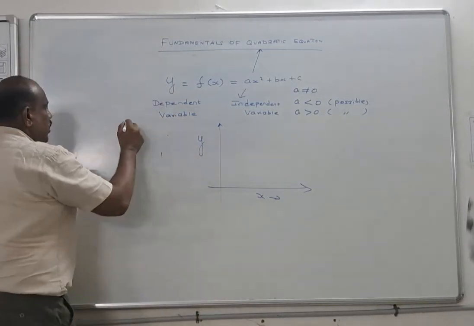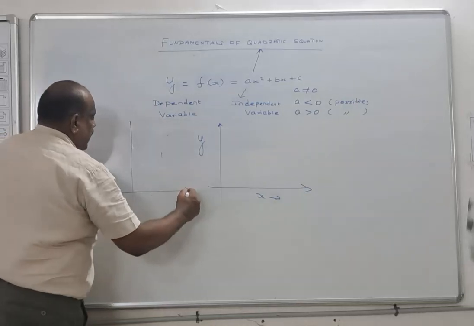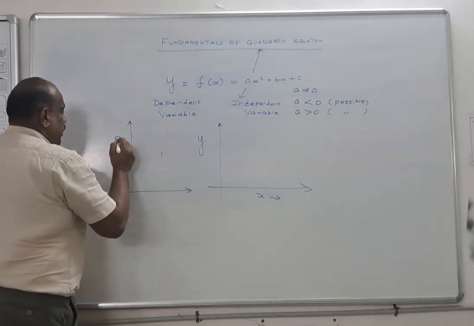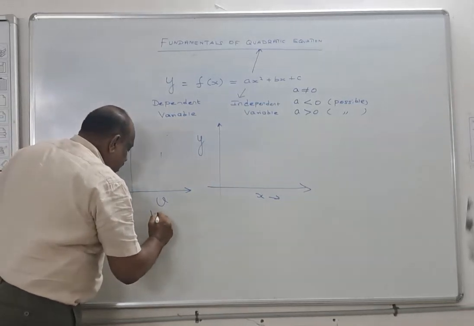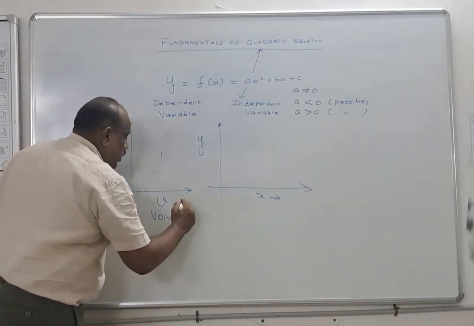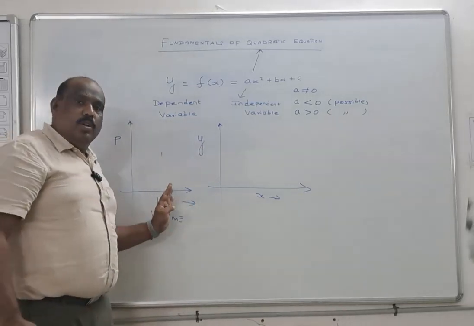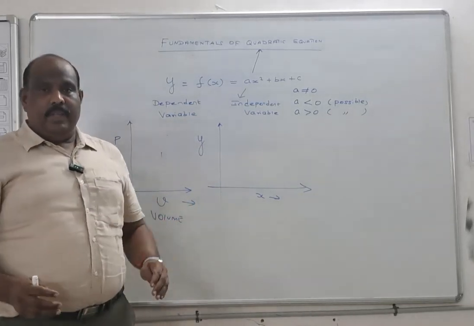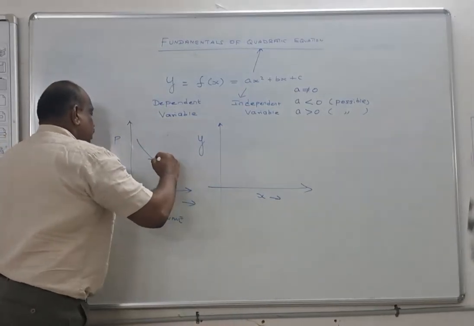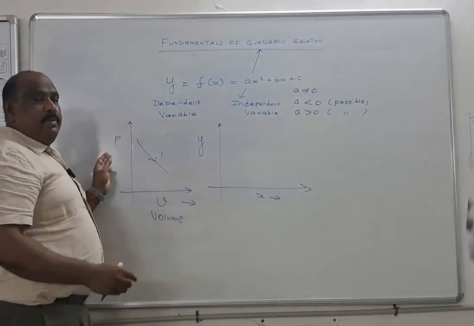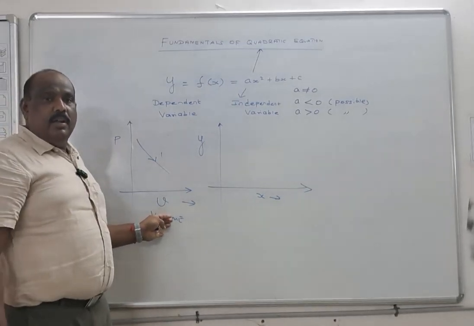For example, in engineering applications, especially for mechanical engineers, we draw the PV diagram, pressure versus volume. This is not velocity, this is specific volume. If the volume goes on increasing, then the pressure will drop. So we see that pressure is dependent on volume.